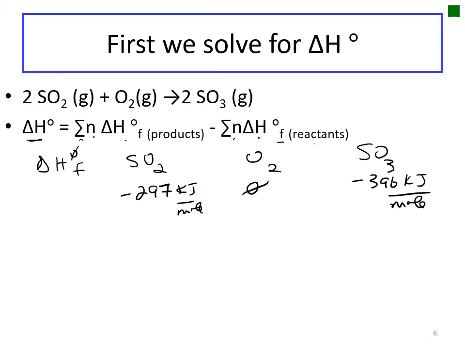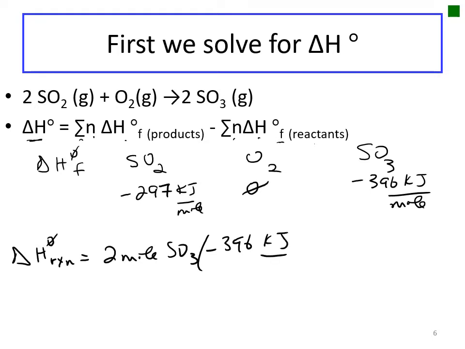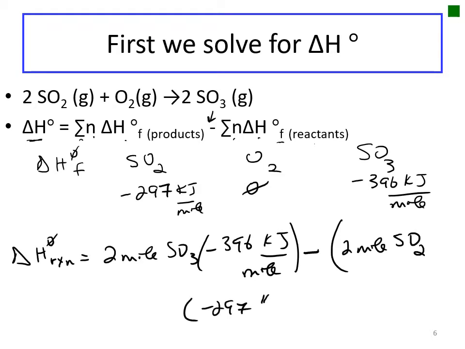We know it's products minus reactants, so delta H naught for this reaction is going to be 2 moles of SO3 times minus 396 kilojoules per mole, minus, again, products minus reactants, 2 moles of SO2 multiplied here by our value minus 297 kilojoules per mole, plus 1 mole of oxygen multiplied by 0.